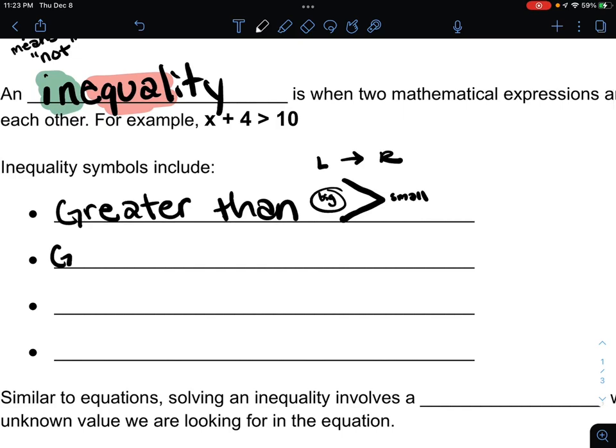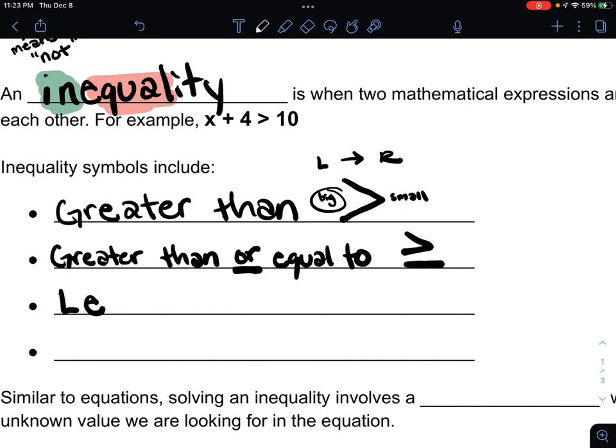We have our greater than or equal to. Same basic shape, but then add a line underneath. That's our greater than or equal to. We have our less than, which is facing the other direction, and our less than or equal to.